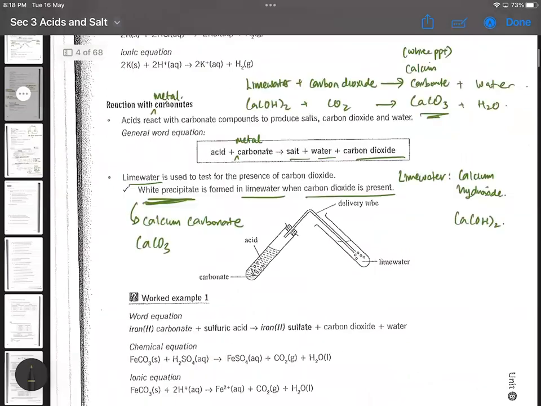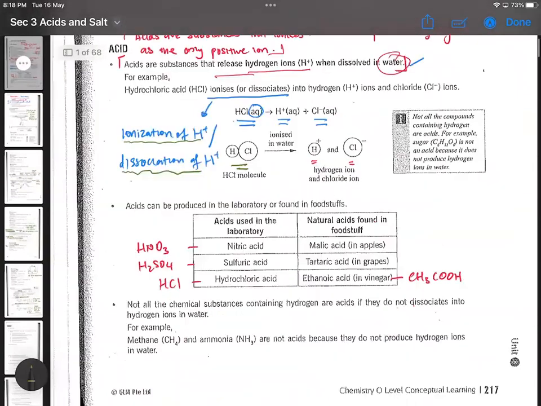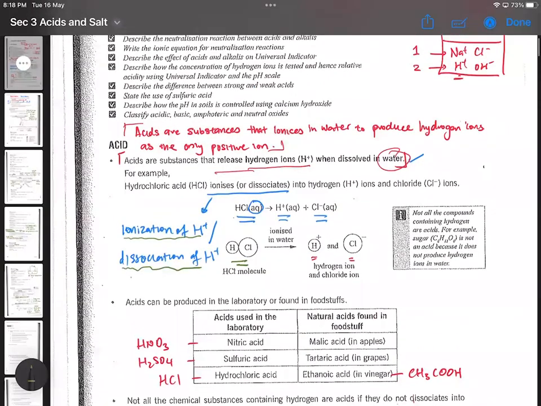Let's go back to this again. Let's look at the definition of an acid, at this portion here. What needs to be present in order for the acid to ionize? Is it water?